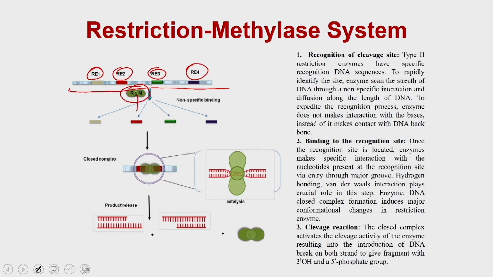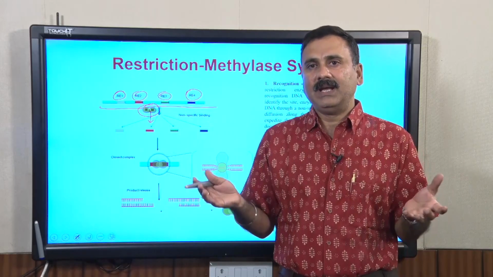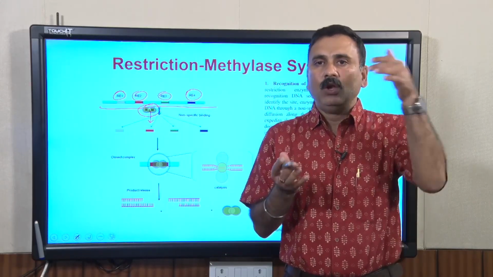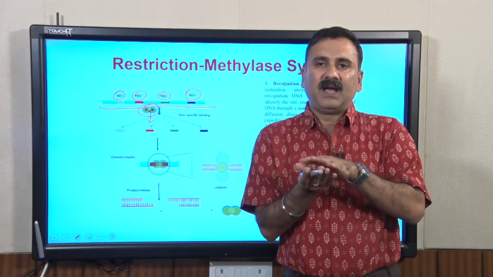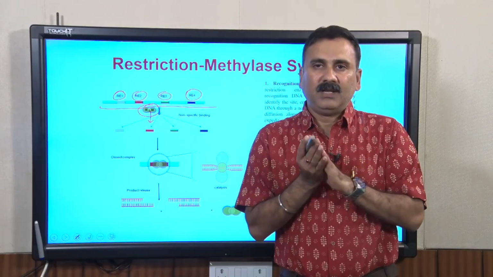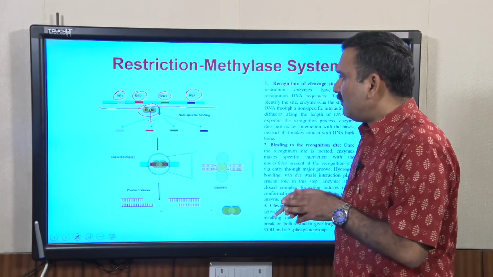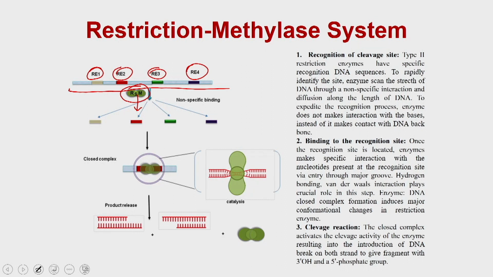The S activity is the activity which is going to recognize the specific sequence on the DNA, and it will then lodge the restriction enzyme onto the DNA of your interest. So, this enzyme is going to interact with RE1, RE2, RE3 and RE4, and all these 4 sequences are different.